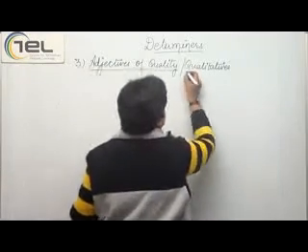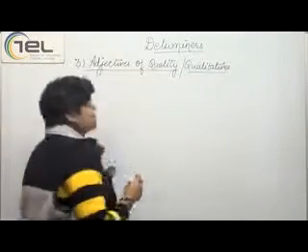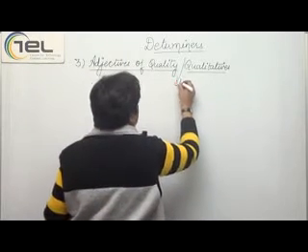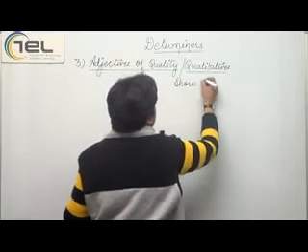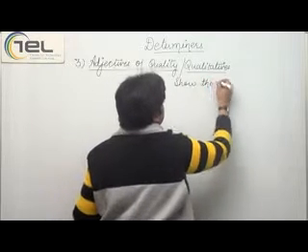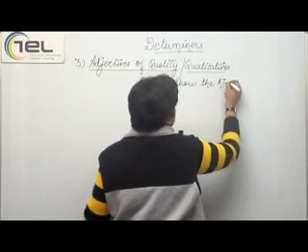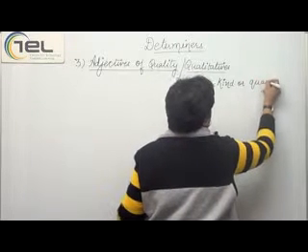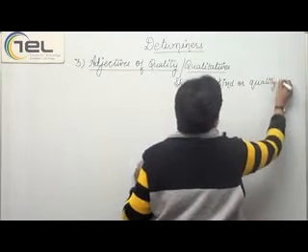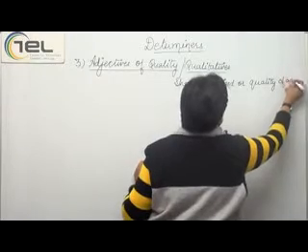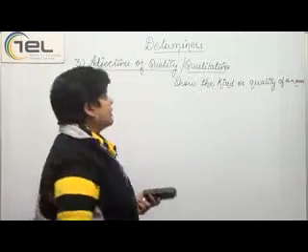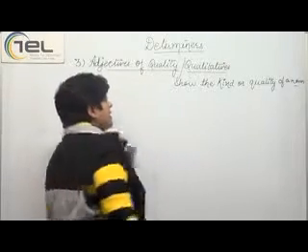Now, what do these qualitatives or adjectives of quality do? They show the kind or quality of a noun. Now, a noun can be a person or a thing or a place, right?